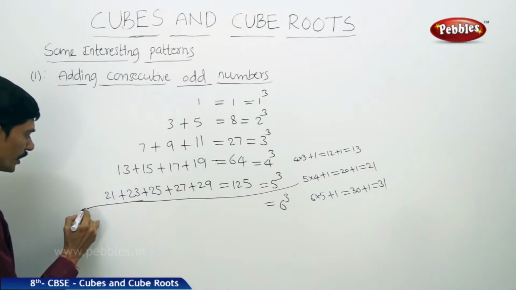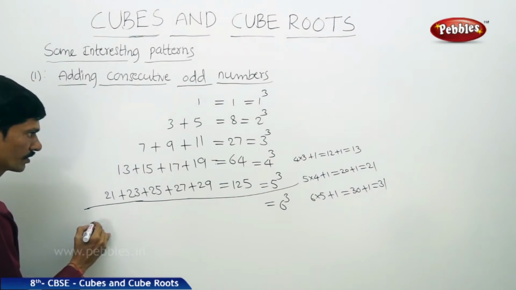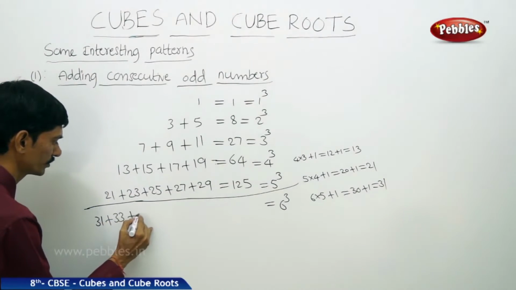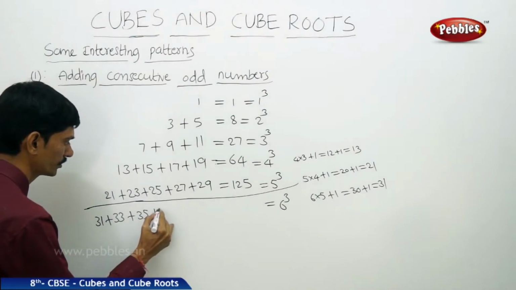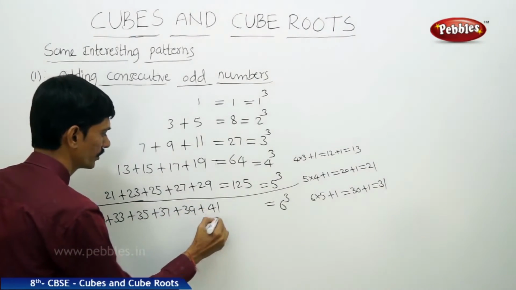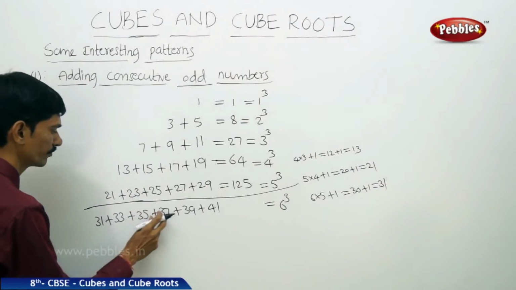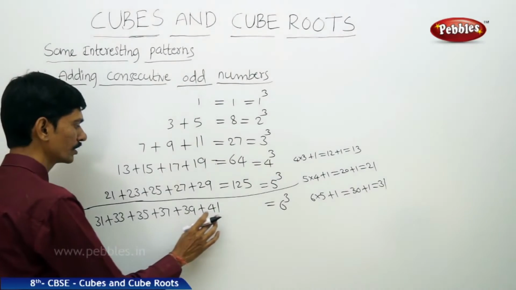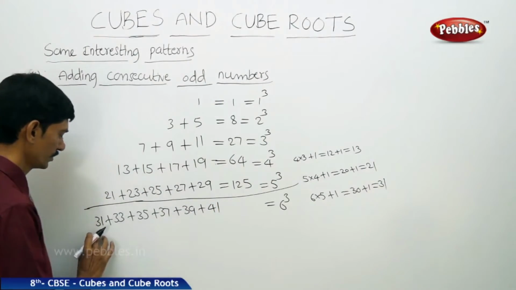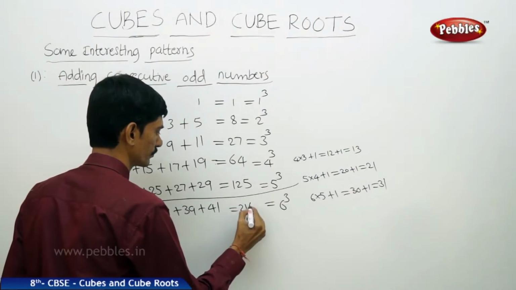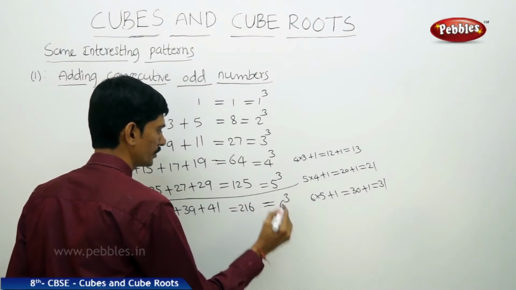So this can be written as 31 plus 33 plus 35 plus 37 plus 39 plus 41. 1, 2, 3, 4, 5, 6. So there are 6 consecutive odd numbers starting from 31. So 6 cube is 216. So this can be written as 6 cube.